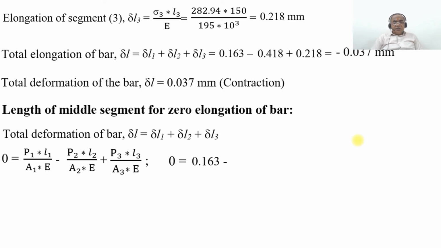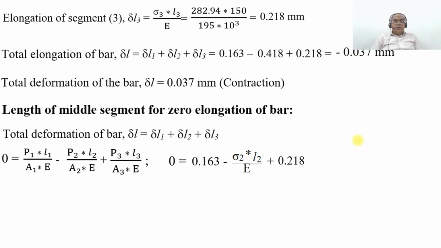So when you calculate, you get 0.163 minus the contraction in the segment BC, which is sigma 2 into L2 by E, plus 0.218. So that means minus sigma 2 into L2 by E.